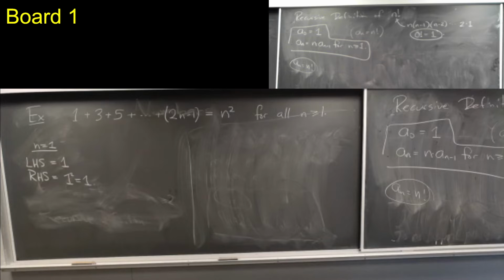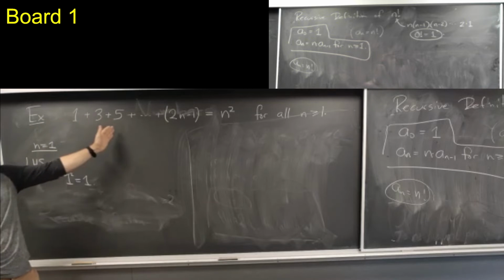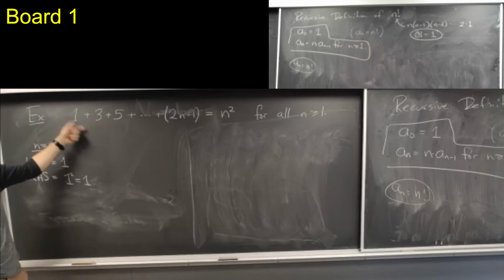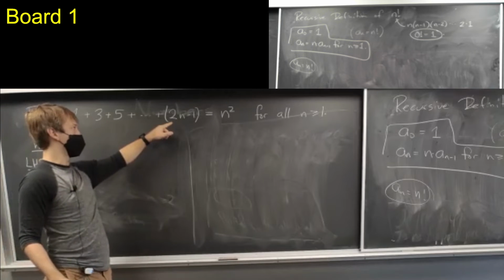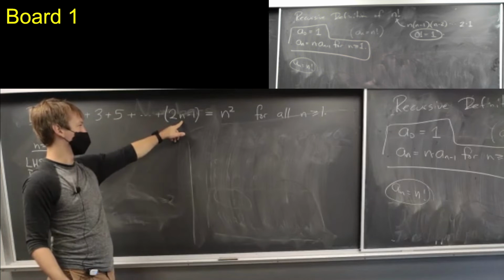This is going to be our base case, I guess, already. Is it clear how I got these numbers? I think the weirder one is computing the left-hand side, because you have to realize that you're only summing the number 1 here, since it's all the odd numbers between 1 and 1, so it's just 1.